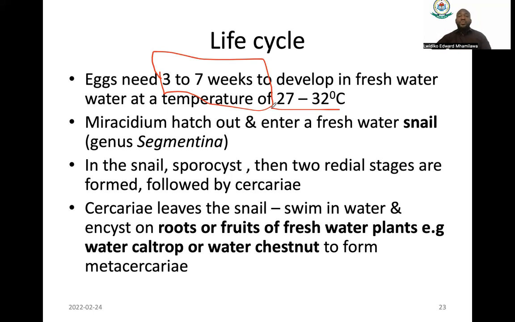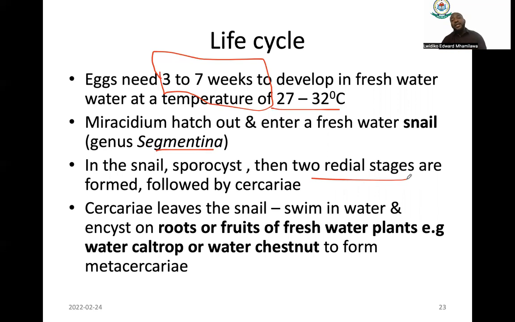The miracidium hatches out and enters the freshwater snail, the Segmentina, which is the specific snail species for Fasciolopsis buski. In the snail, the sporocysts develop, and then 2 redia stages are formed, followed by the cercariae. I believe you now remember the redia stages formed in these parasites.